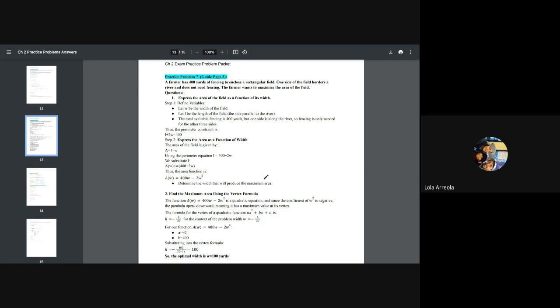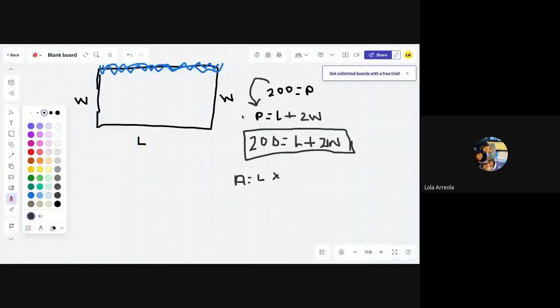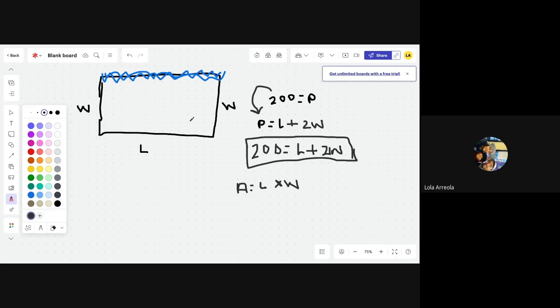So I'm going to write that down. Area is equal to length times width. Length times width always gives me the area.